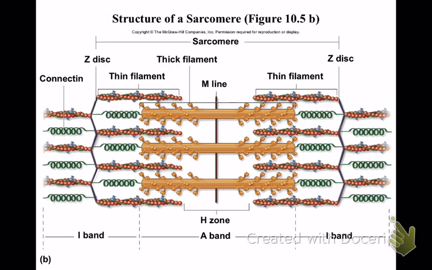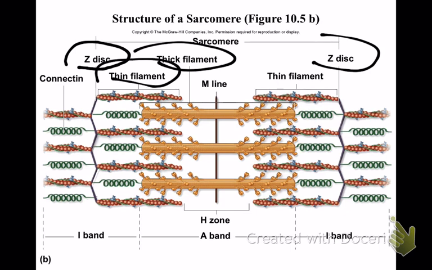So there are some other things going on in here, but let's just focus on the things you need to know. So the Z-discs are important because those are the points of reference. So we need those, Z-discs. The thick and thin filaments, we need those.